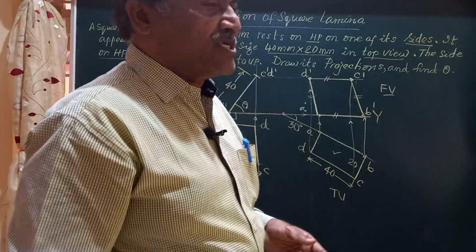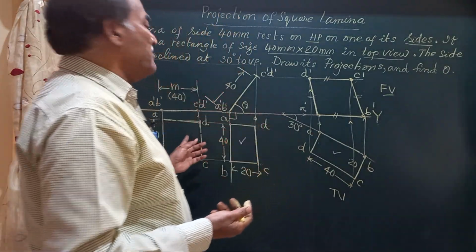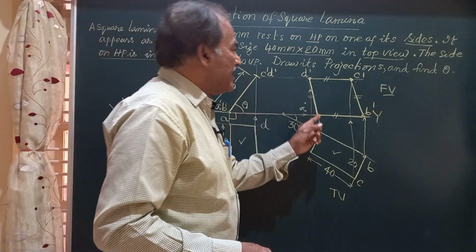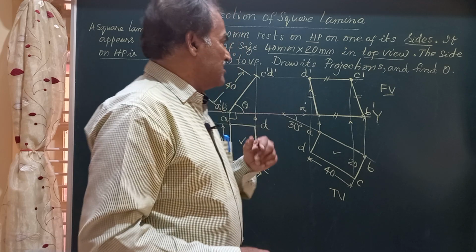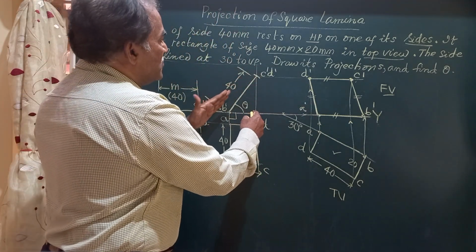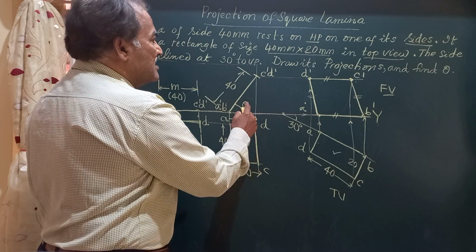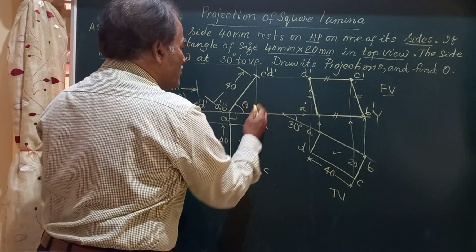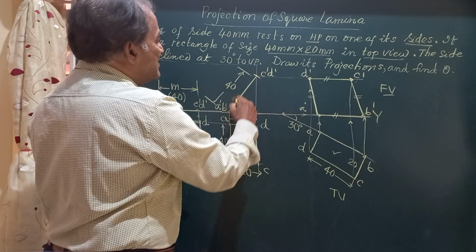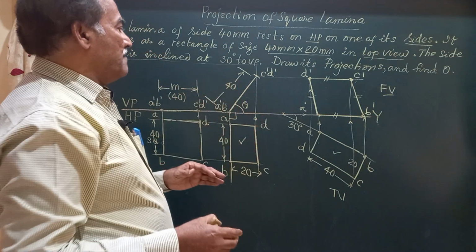So as per the question, it says that it's a square lamina resting on HP on one of its sides. The surface is making an angle of some value so that the top view is a rectangle. The value of this theta can be found out. You can just use a compass and find out the value of this theta.